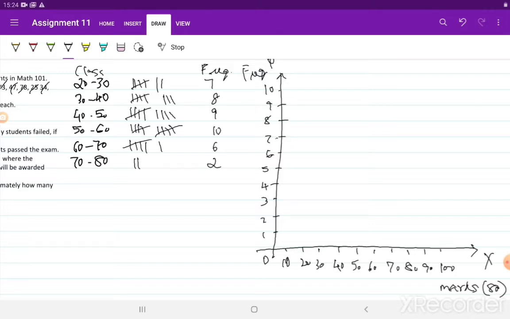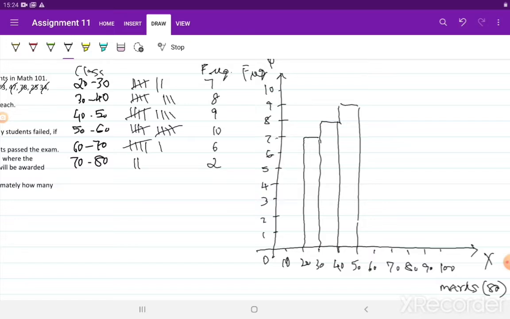Okay, so 20 to 30, the frequency is 7. 30 to 40, it's 8. 40 to 50 is 9. 50 to 60 is 10.